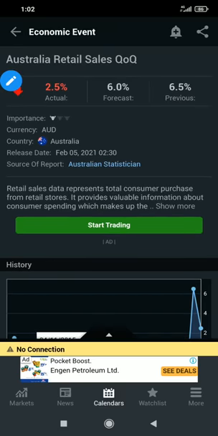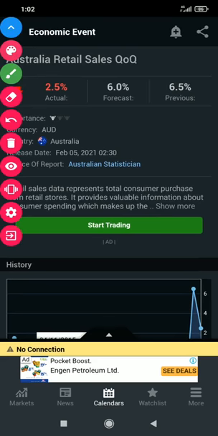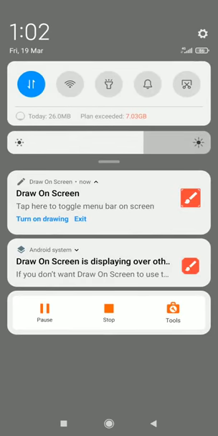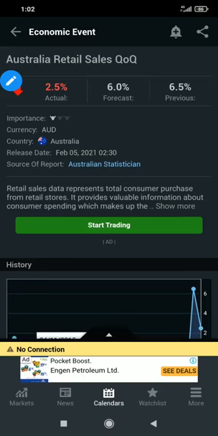Even on the chart, you will see that this is a drop. Okay, it's saying no. Let me try to switch on the Wi-Fi.